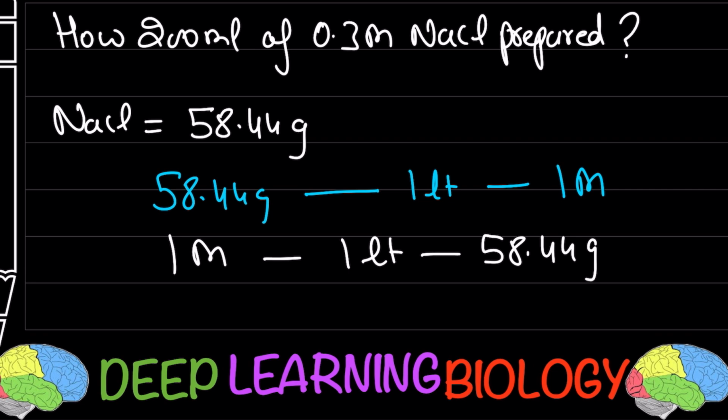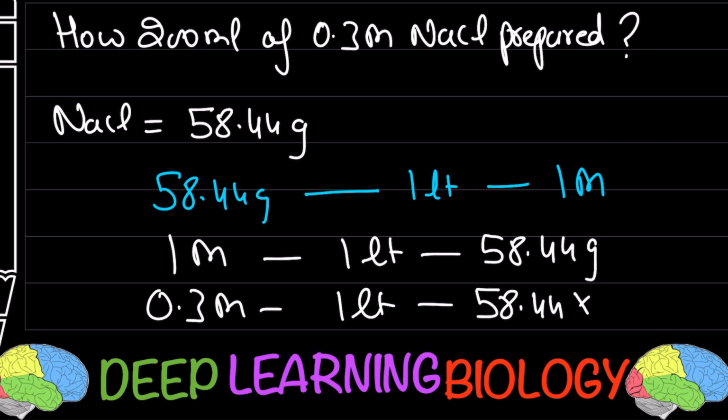Now here we are going to fix one term first. To prepare 0.3 molar, 1 liter, how much do you need? 58.44 multiplied by 0.3. Very simple. We have fixed this.